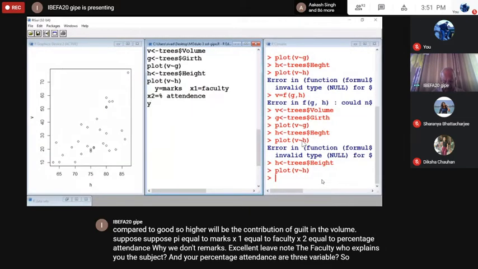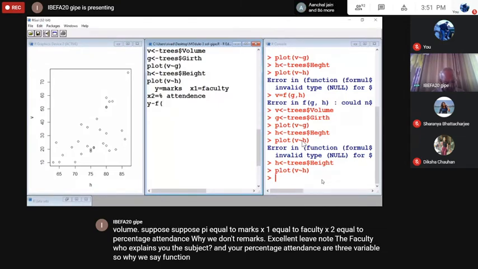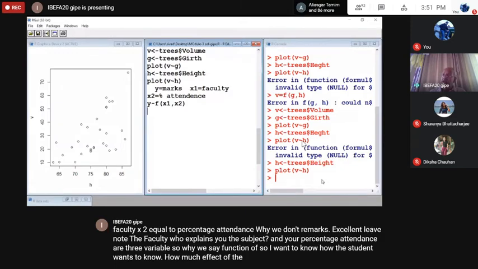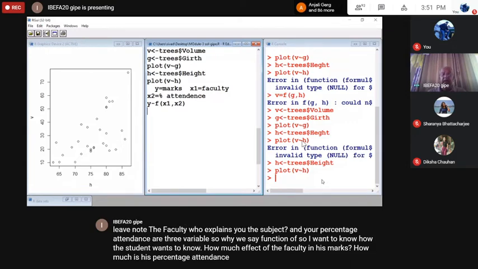So y is a function of these. The student wants to know how much effect the faculty has on his marks, and how much his percentage attendance matters. You have to run correlation regression.